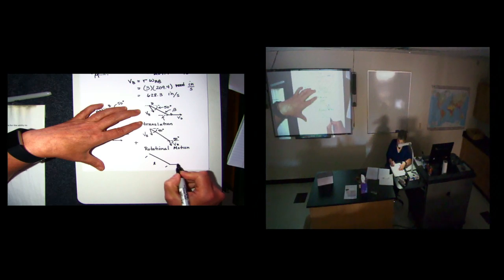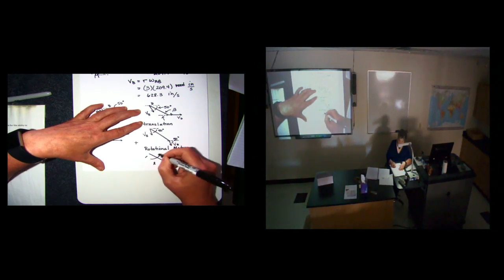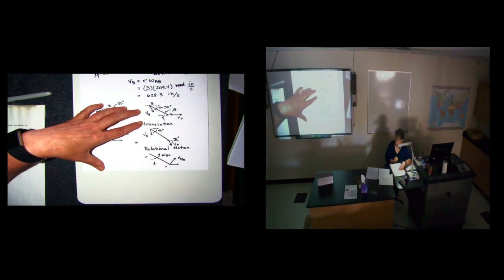I'm going to get my angular BD as I'm rotating, and that's the length of my rotational motion. So this is the general motion. And now we've broken it up into rotational and translational motion.